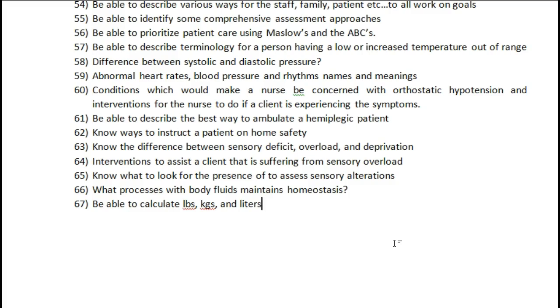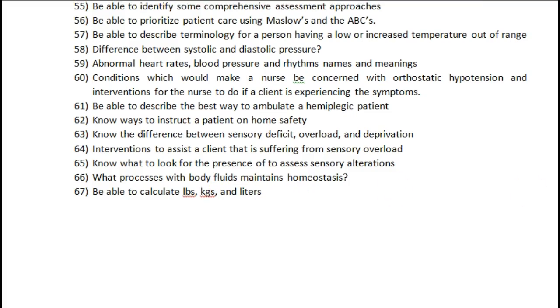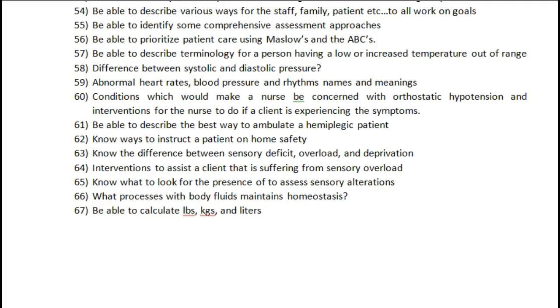Okay, interventions. I'm trying to make sure I'm going back a little bit and be able to calculate pounds, kilograms, and liters. We're good with that. I know that y'all know how to do that.